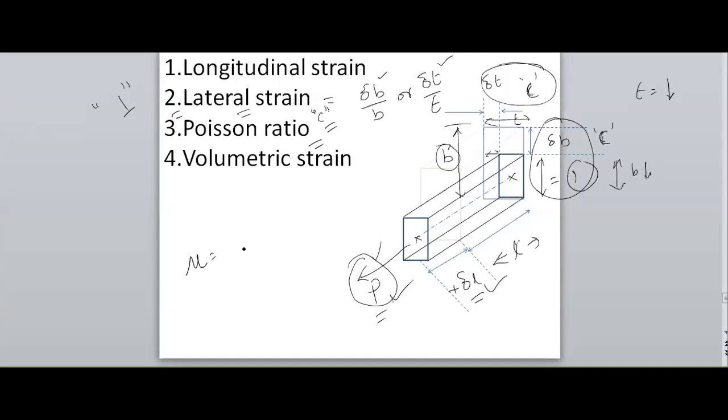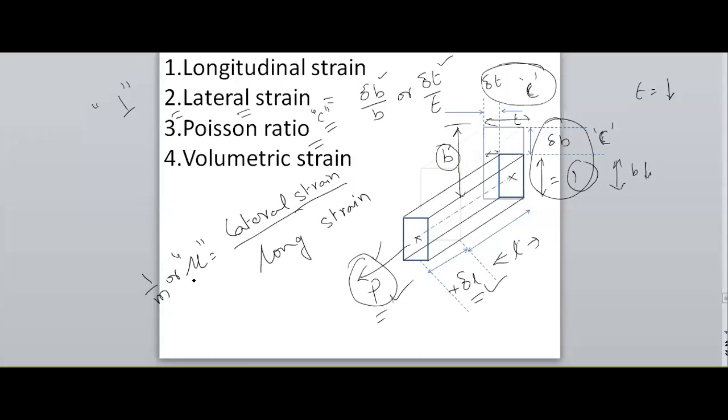Poisson ratio is nothing but the ratio between lateral strain by longitudinal strain. It is represented by mu or 1 by m.